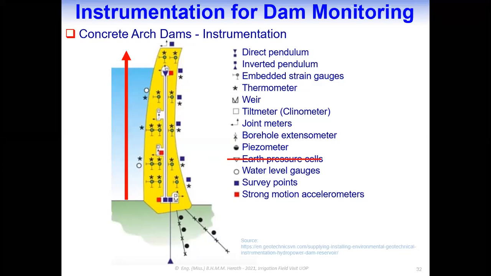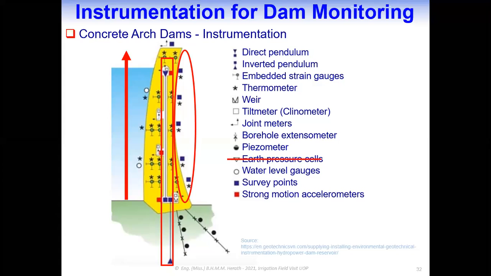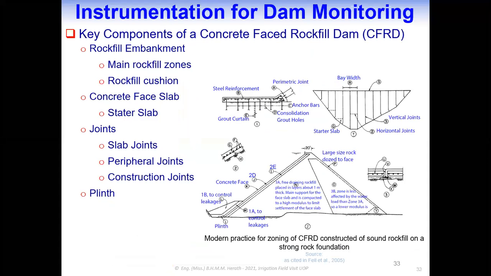So, as an example, let's take the pendulum and the geodetic survey measurements. They could be interconnected to check the deformations along the cantilever sections and also in the arch directions of the dam. And then we are going to see the examples of concrete face rockfill dam.